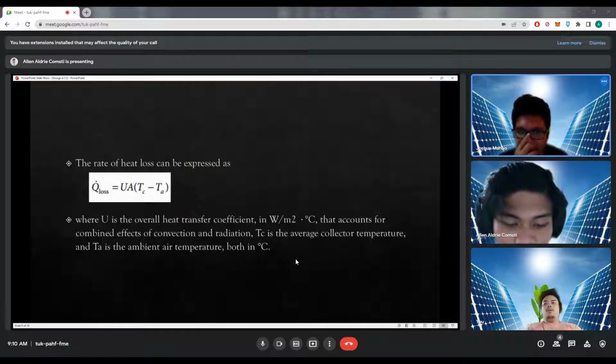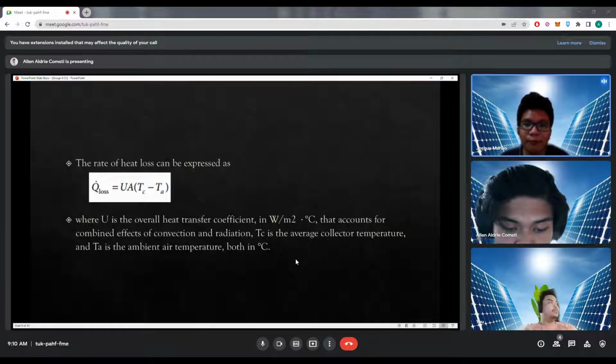The rate of heat loss can be expressed as Q_loss equals U A_s times (Tc minus Ta), where U is the overall heat transfer coefficient in W over meter squared times degree centigrade that accounts for the combined effects of convection and radiation.